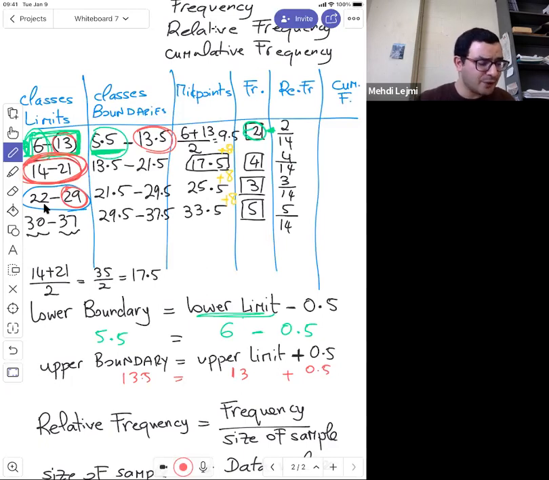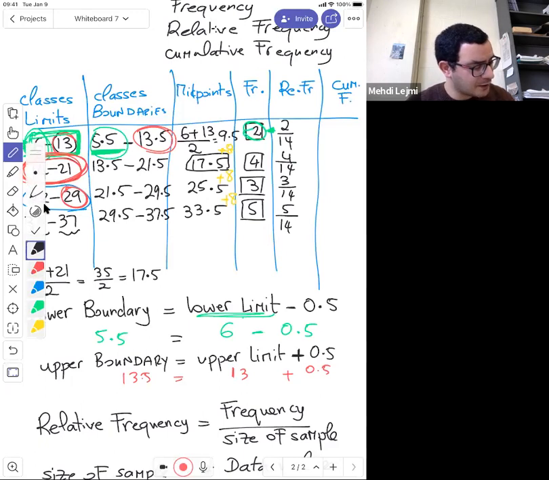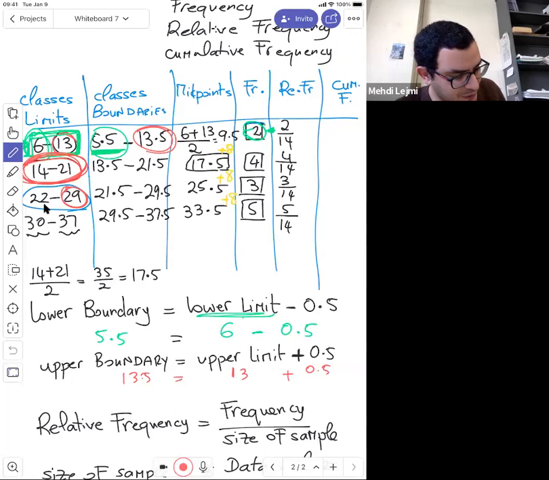Now for the cumulative frequency. For the first class, the cumulative frequency is just the same as the frequency. The frequency of the first class is 2, so the cumulative frequency of the first class is also 2. Now, for the second class, the cumulative frequency is equal to the frequency of the class plus the frequencies of the previous classes.